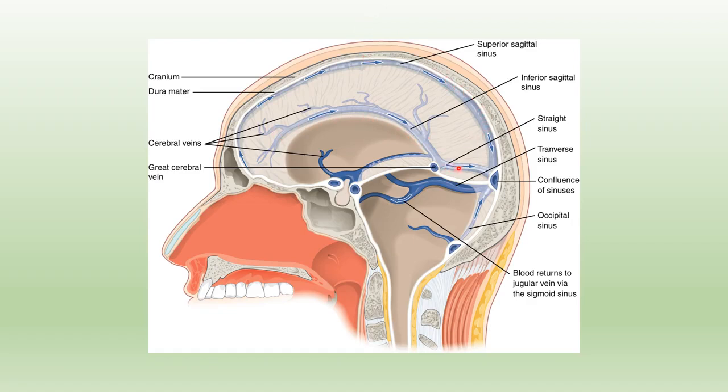Here's a straight sinus, so your inferior drains into the straight. Here you go, they all converge right here. Down here your occipital sinus drains. They're all converging at this point, and now here's your transverse sinus. It's going to drain into the sigmoid sinus and eventually into the jugular vein, which then eventually is going to drain back to the heart.